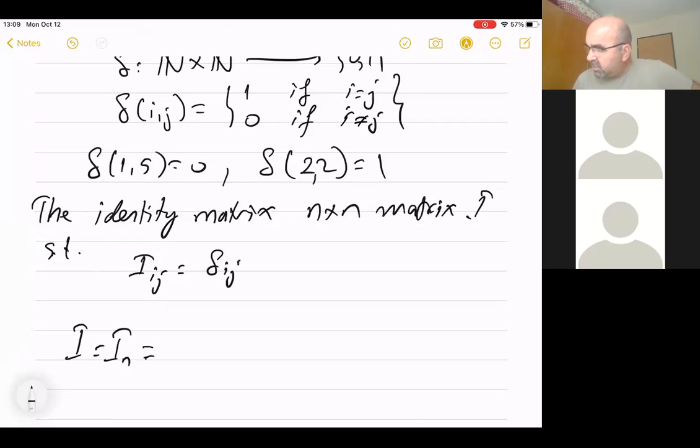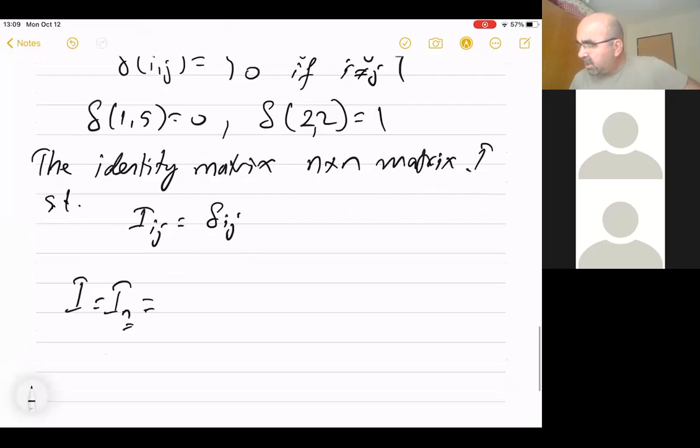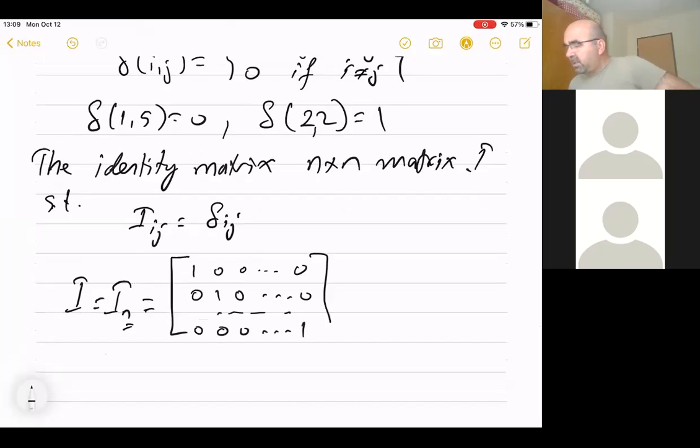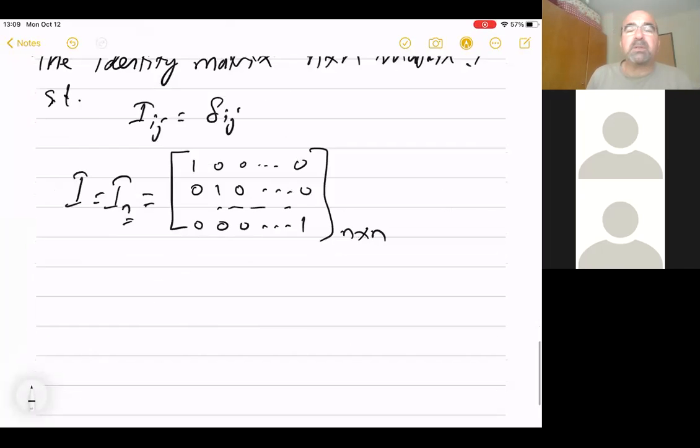This n denotes the size of the matrix, an n cross n matrix. It is the matrix with 1, 0, 0, 0. Along the main diagonal it is 1, and the rest is 0. Yes, this is a square matrix, an n cross n matrix, and the main diagonal is 1. The rest is 0.